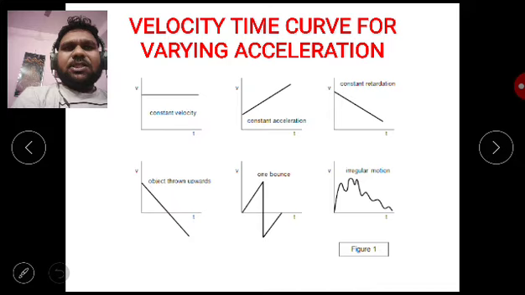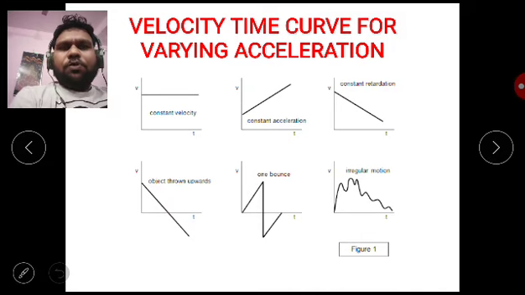We will also study the velocity-time curve for varying acceleration. In the velocity-time curve, we can have acceleration 0, positive, or negative. When a body is moving with uniform velocity, acceleration will be 0, and the velocity-time curve will be a line parallel to the time axis, with time on the x-axis and velocity on the y-axis.